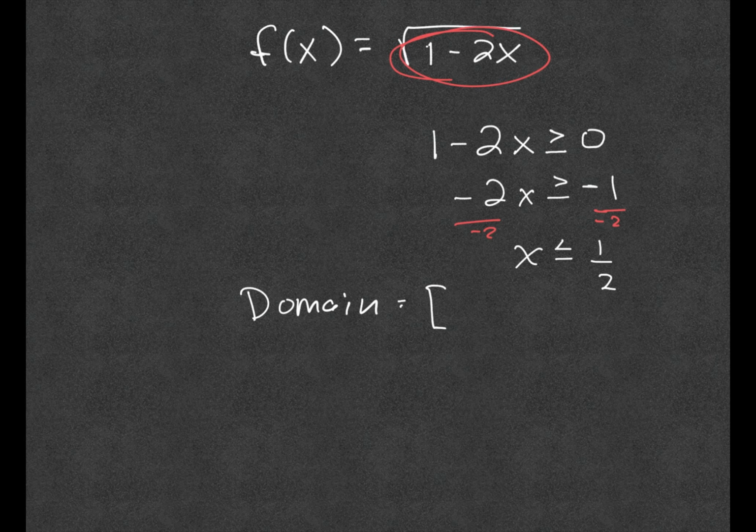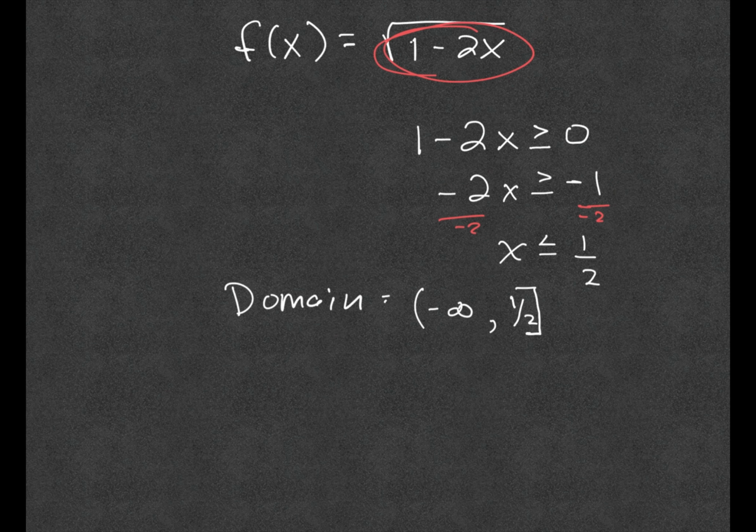So the domain is going to be what? We have a bracket over here. This is the biggest value, 1/2. It can go down to negative infinity, parentheses. Okay? Now, wait a minute, Mr. Ray.